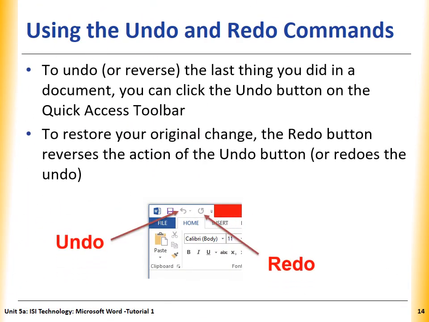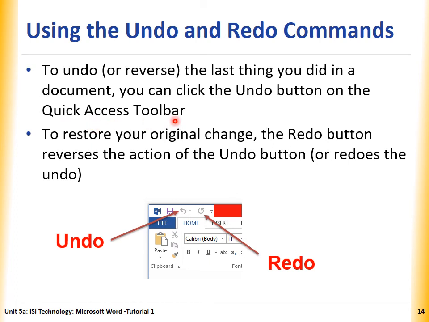Now we are going to talk about using the undo and redo commands. I told you about this in the last session when we were in the class, correct? To undo or reverse the last thing you did in the document, you can click the undo button on the quick access toolbar. All of you know what the quick access toolbar is, correct?